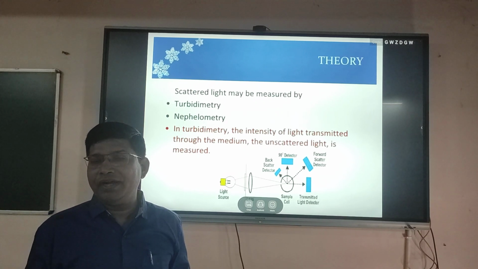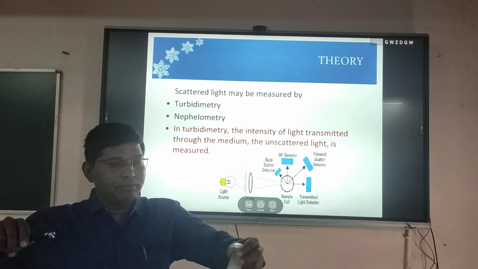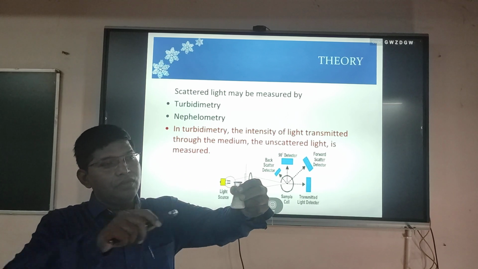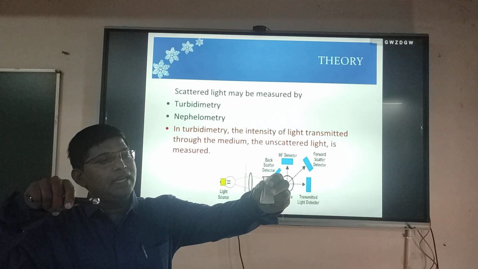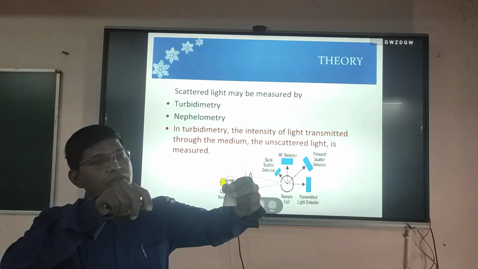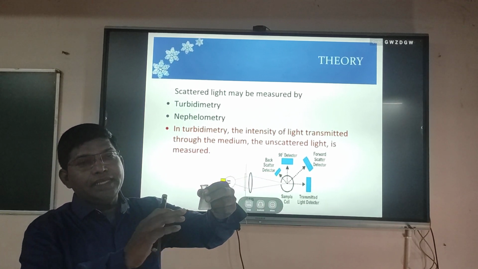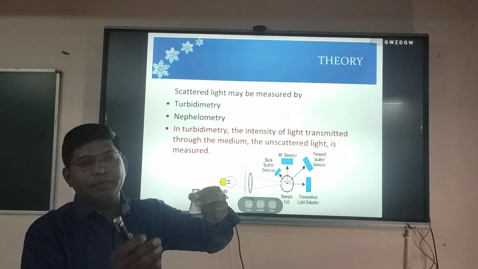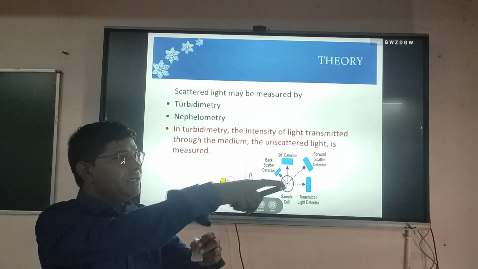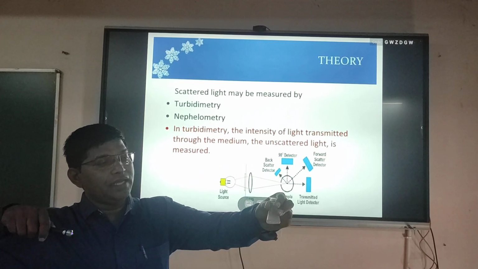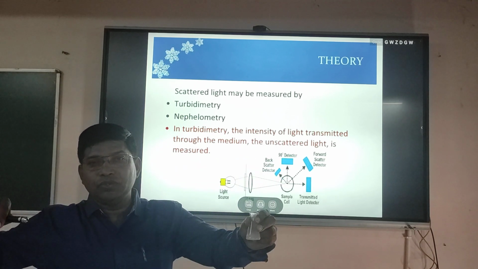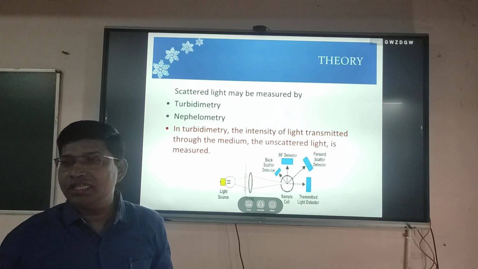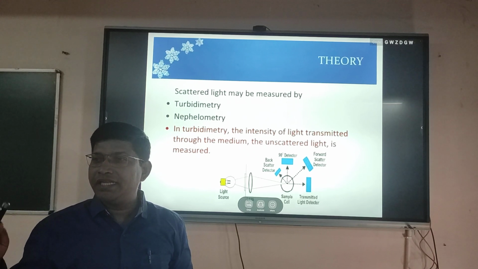Suppose this is our sample solution, a suspended solution, and I pass the light into the solution, so scattering of light takes place, and we measure the light that is transmitted at 180 degrees to the incident light. So this is the principle of turbidimetry.